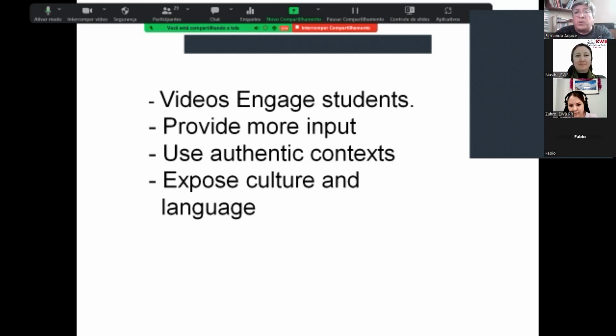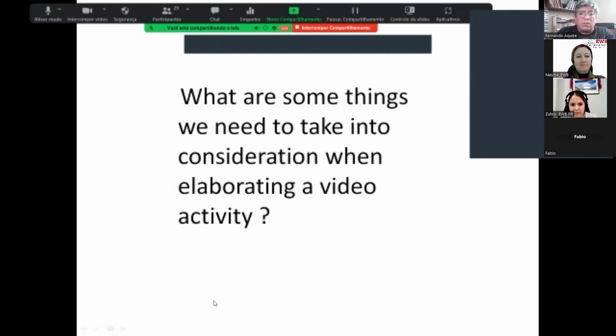They provide more input because you have the visual, the audio, you're using an authentic context, and it exposes culture and language, right? You can get a lot of cultural insights through videos, and you can use that to explore language as well. Yeah, exactly that. Okay. Now, what are some things we need to take into consideration when elaborating a video?